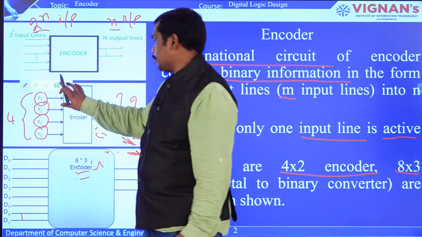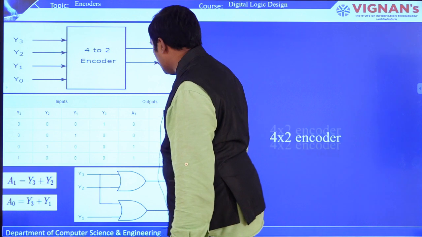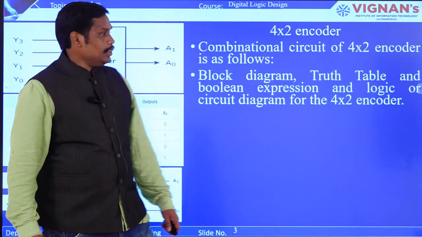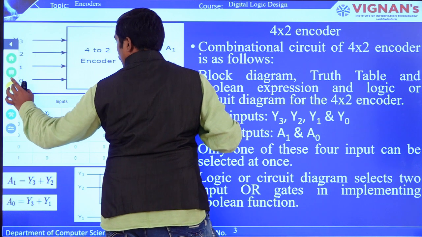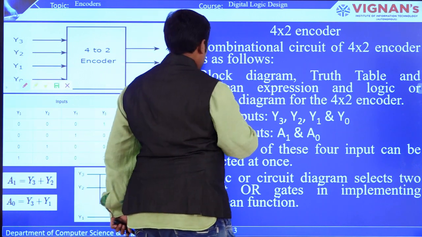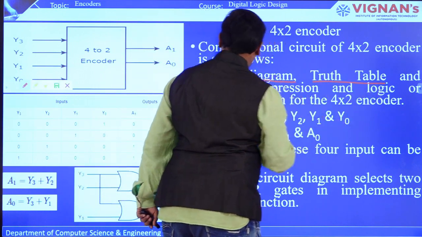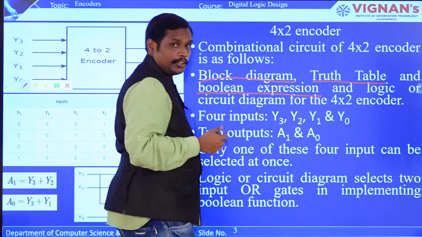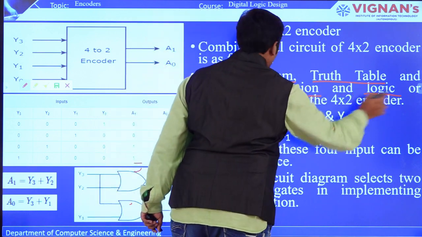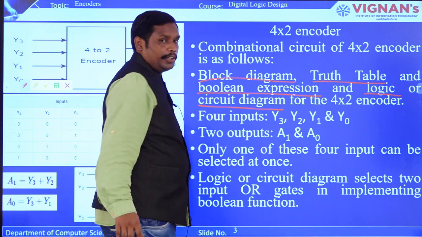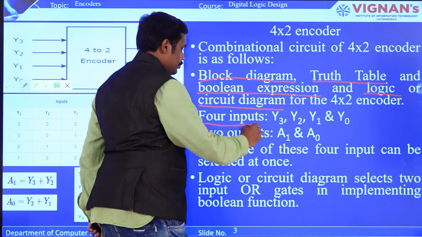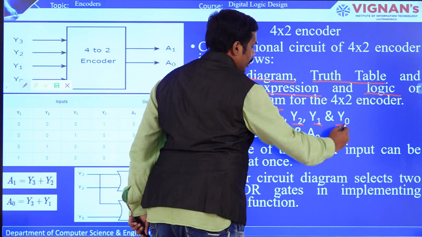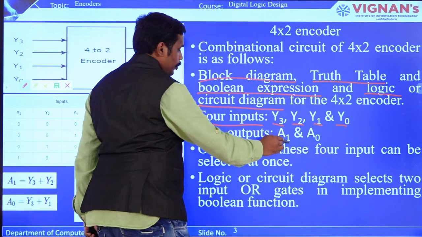Now we will see how it is going to work. There is a block diagram, a truth table, and then the Boolean expression or Boolean function that you are going to generate from it, and then the logic circuit diagram for the encoder. For this you have 4 inputs, Y3, Y2, Y1, Y0, and the outputs are 2 in number.